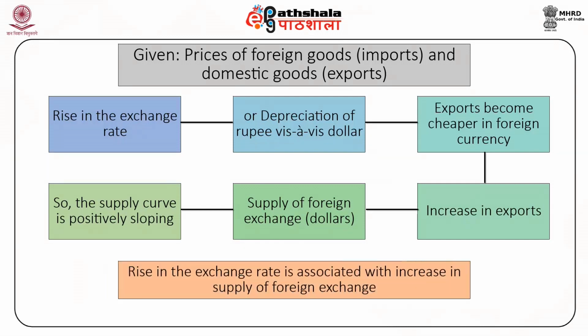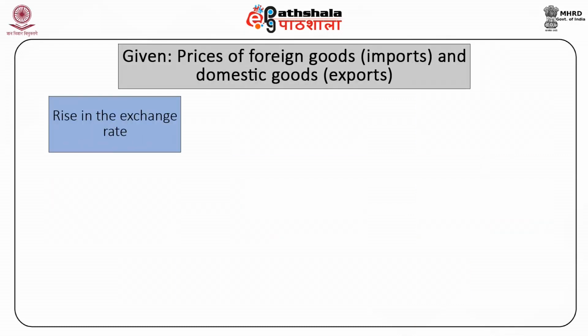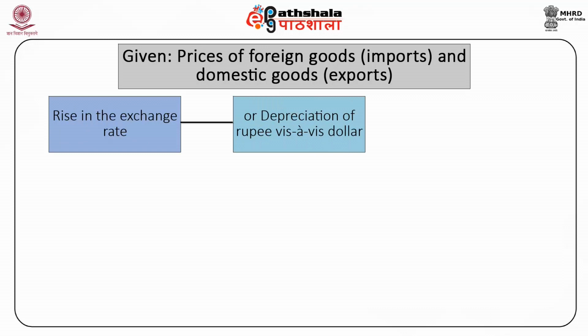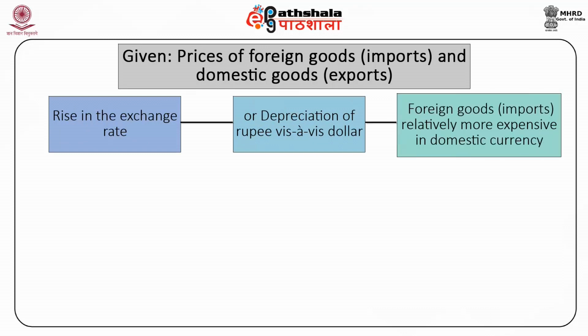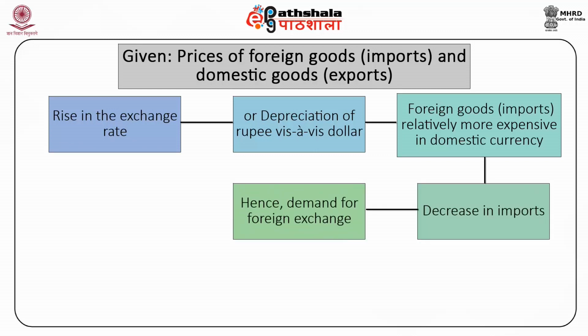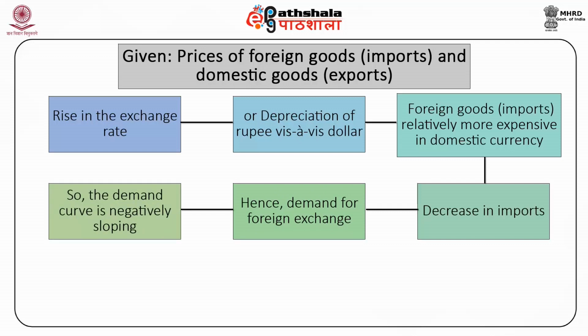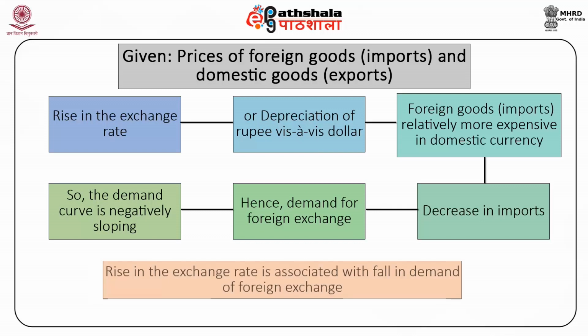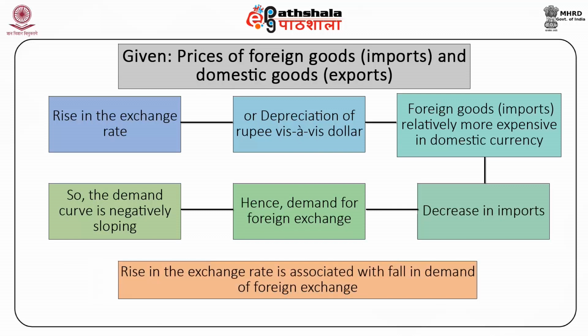A rise in the exchange rate makes foreign goods, imports, relatively more expensive in domestic currency and reduces demand for imports and hence the demand for foreign exchange. So, the demand for foreign exchange is downward sloping.